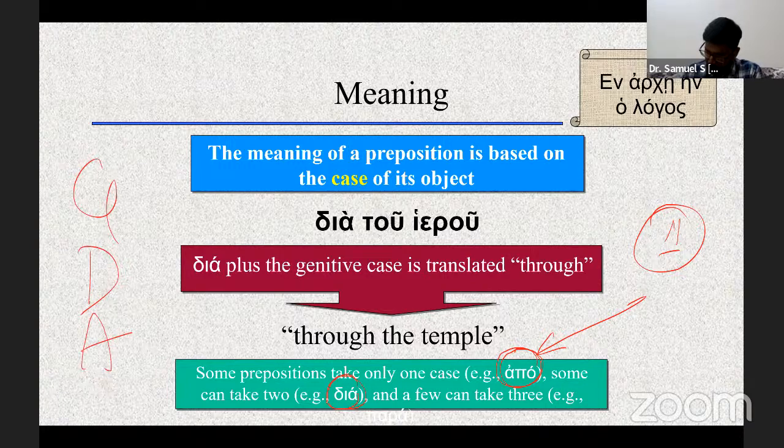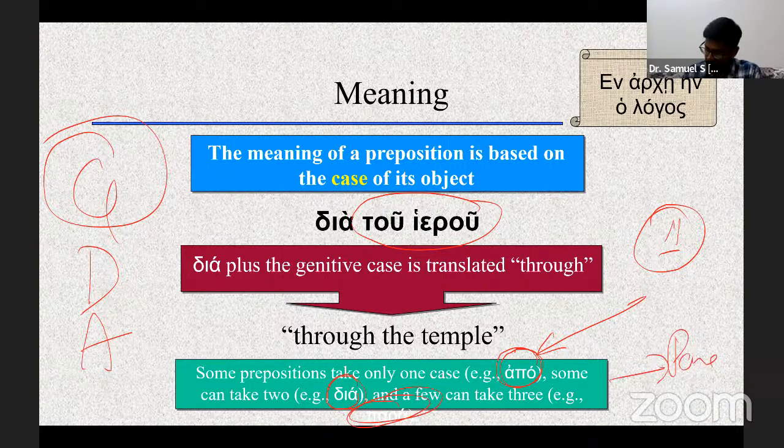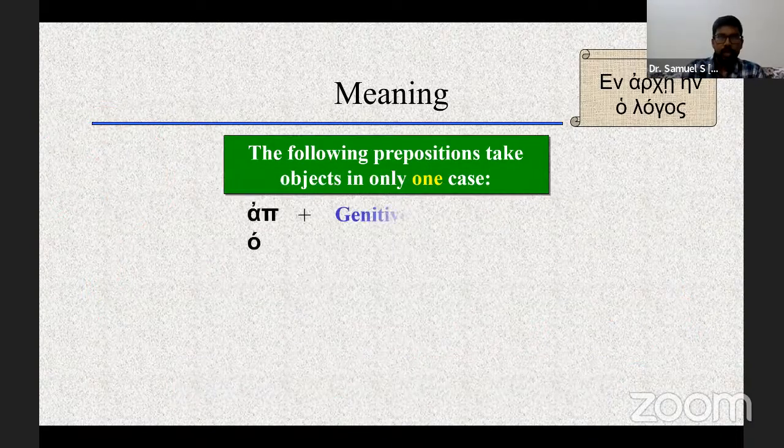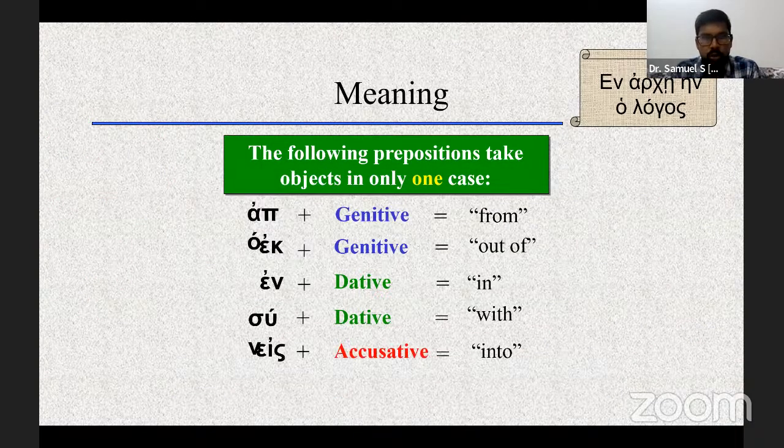For example, dia, and one of it is the genitive for dia. And some prepositions take all three cases. For example, para, right? Takes all three cases. The following prepositions take objects in only one case.